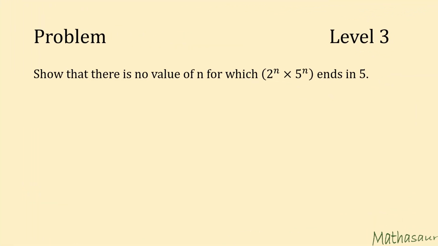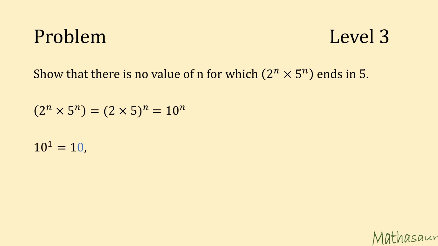Let us look at another problem. Show that there is no value of n for which 2 to the power n times 5 to the power n ends in 5. Now 2 to the power n times 5 to the power n, we could simplify and write this as 2 times 5 whole raised to the power n, or 10 raised to the power n.